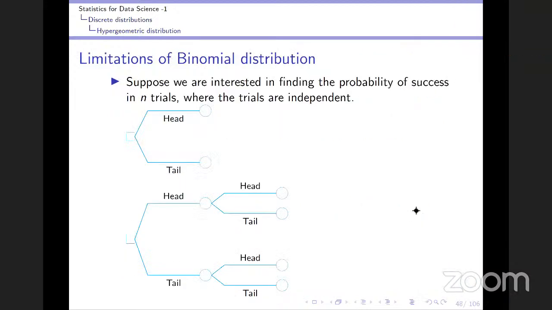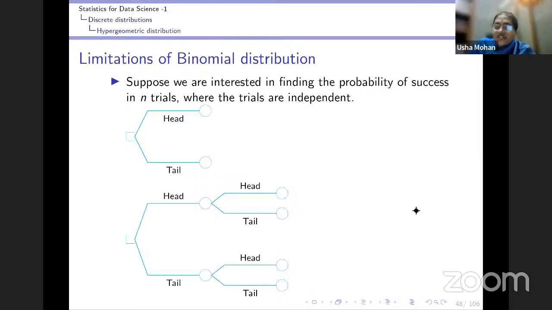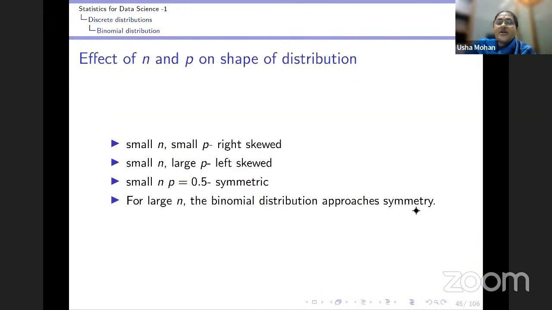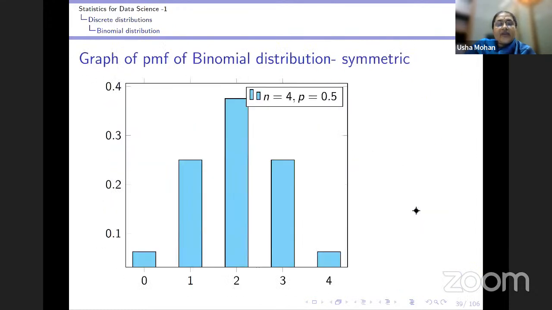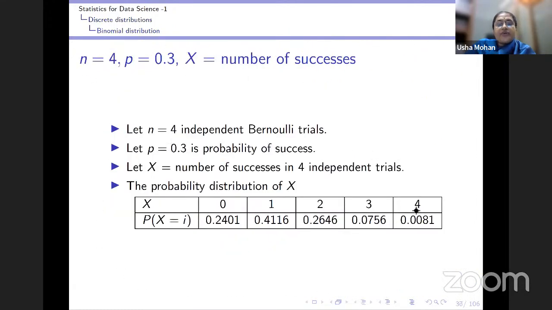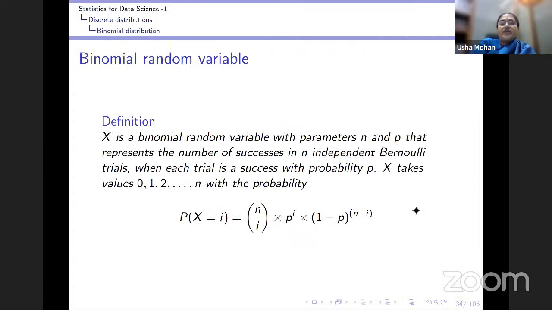Now, the next important thing is how the graph changes when we vary p. It will change, because when you vary p, the terms p to the i and 1 minus p to the n minus i change. If it is 0.5, it is just 0.5 to the power of i. Otherwise, if it is 0.25, it would be 0.25 to the power of i and 0.75 to the power of n minus i.